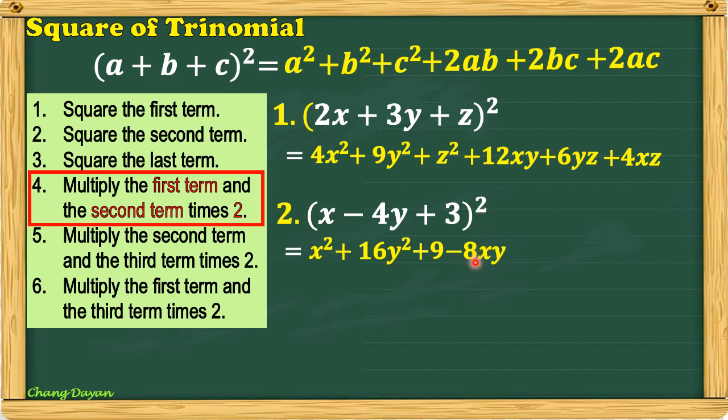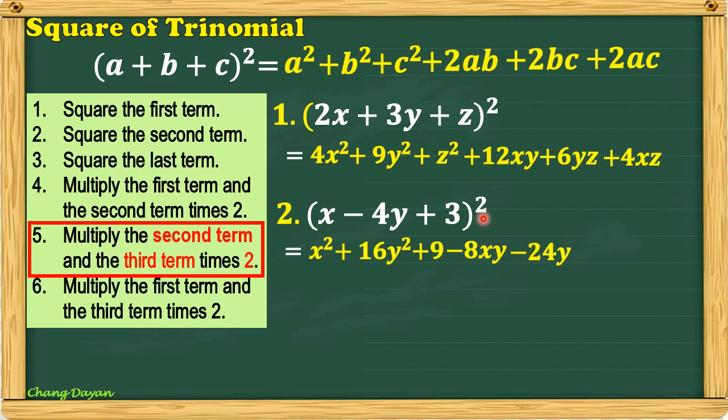That is negative 8xy. Next, multiply now the second term and the third term times 2. So negative 4y times 3 is negative 12y times 2. You have negative 24y.